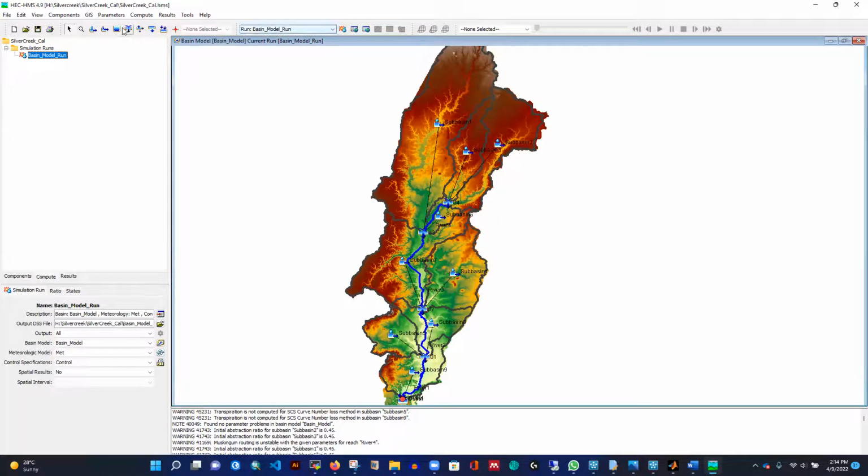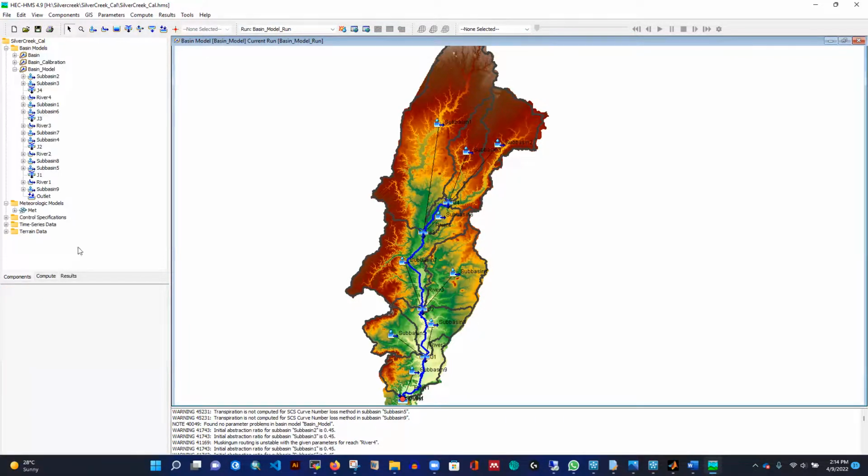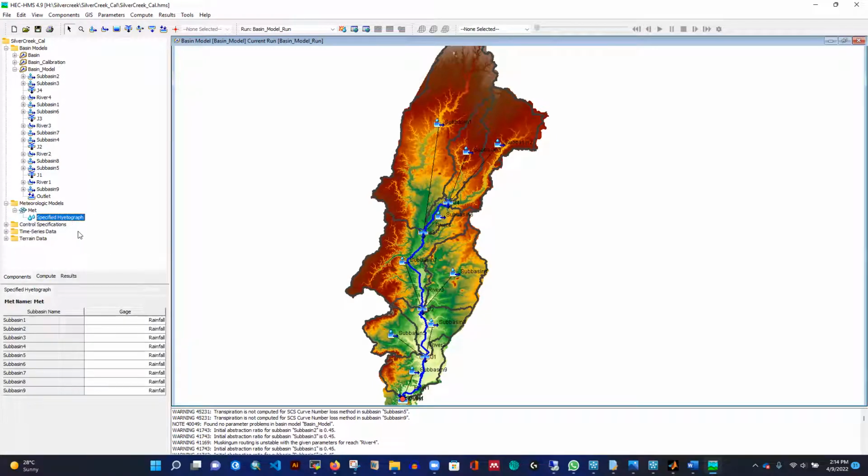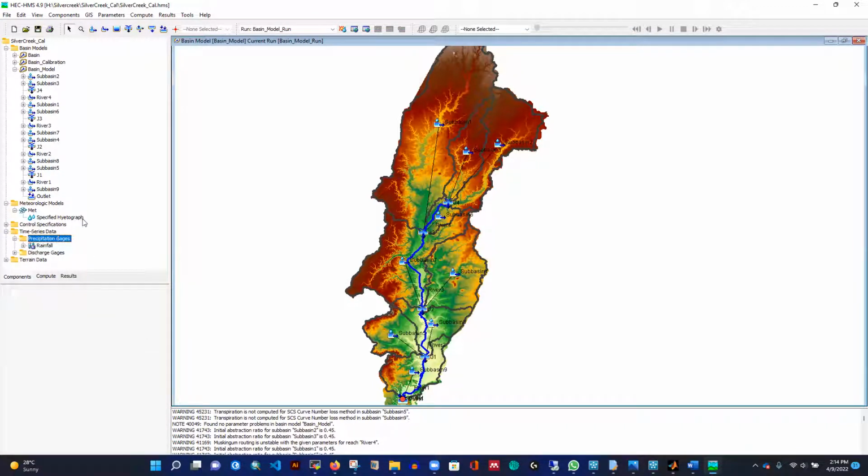Before running the model, I can show you other parameters I have. For the meteorologic model, I use specified hydrograph, and for time series, I have precipitation time series. I used only one single gauge for the entire watershed and study area.